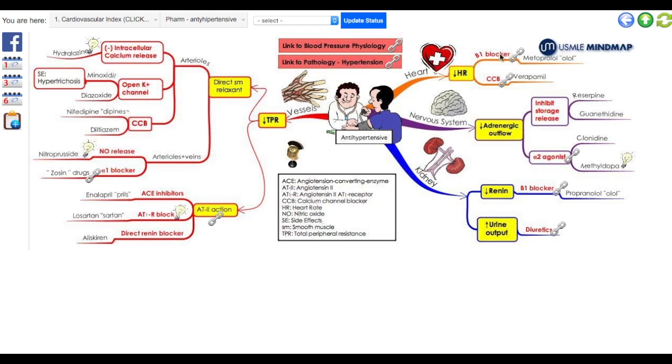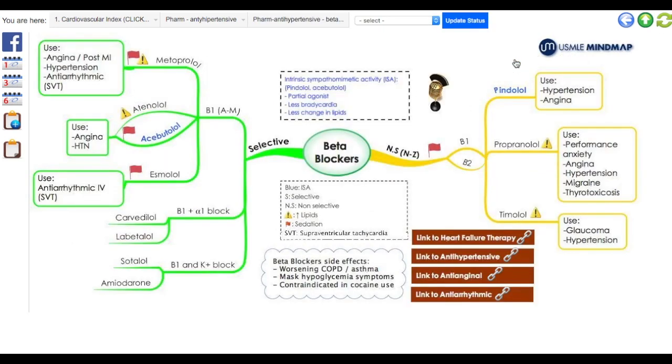Here it is. The student clicks on the link and the map opens up into details. This map places before the student the big picture of beta blockers. On the right-hand side, we have non-selective beta blockers. By non-selective, we mean drugs that work on both beta 1 and beta 2 receptors.